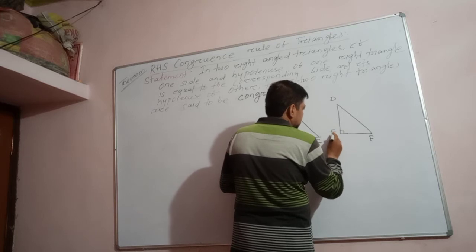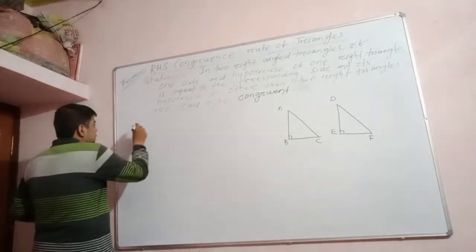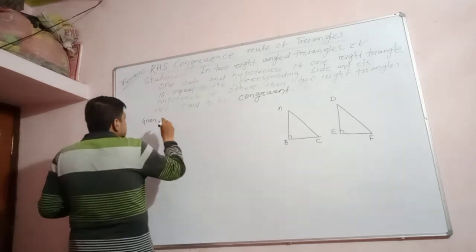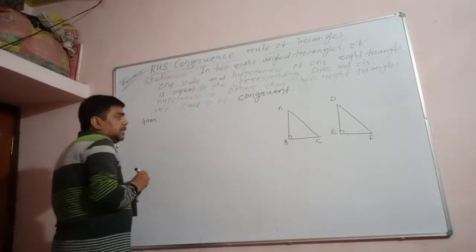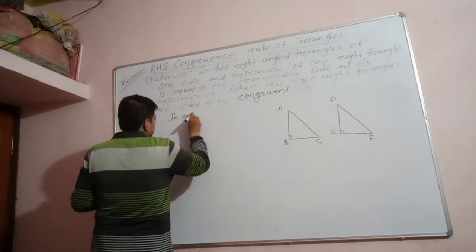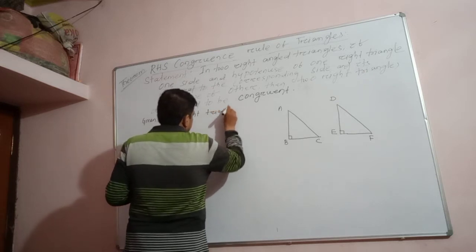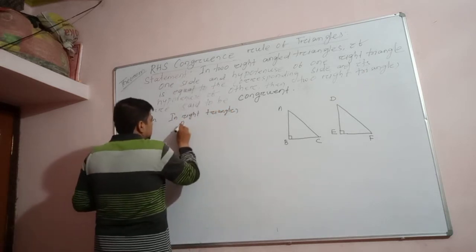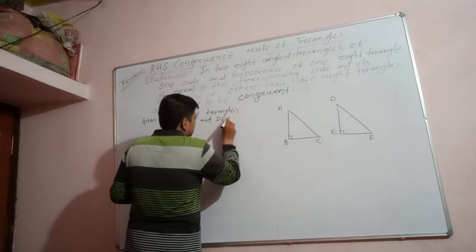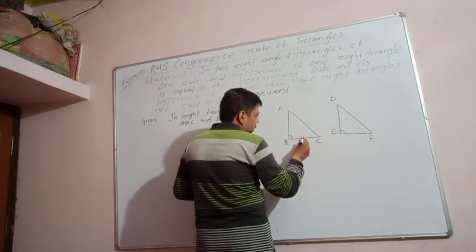This is D, E, and this is F. So, given what? In right triangles ABC and DEF, first of all suppose BC is equal to EF, given.